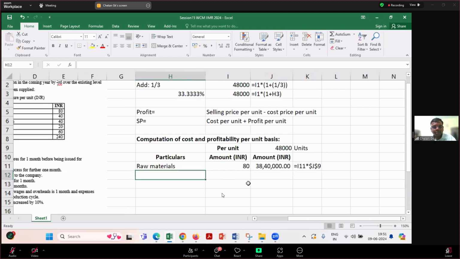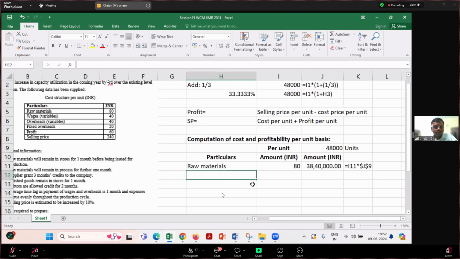Next is wages variable. So 40, I'll write here. And I just dragged this down because I already put the dollar symbol.